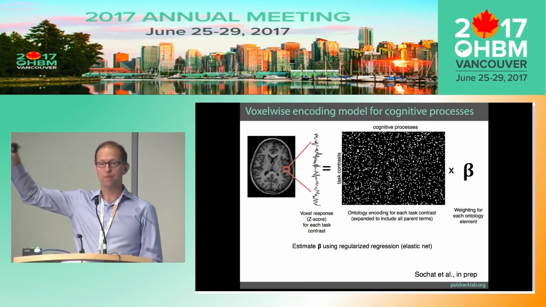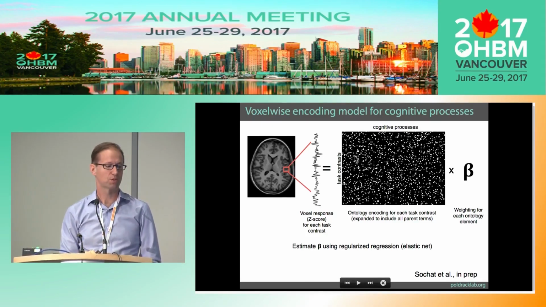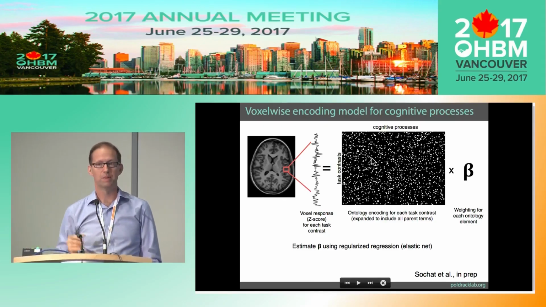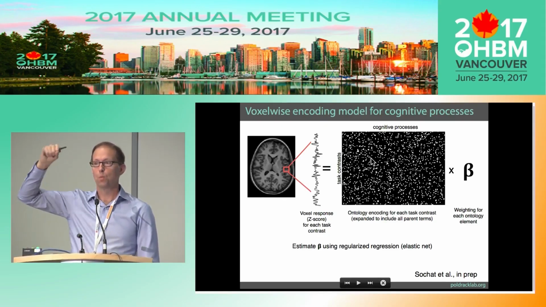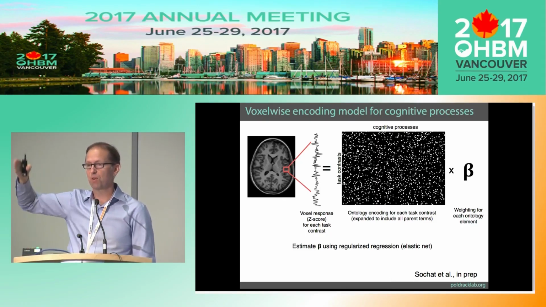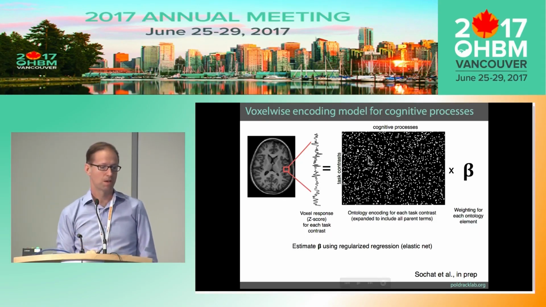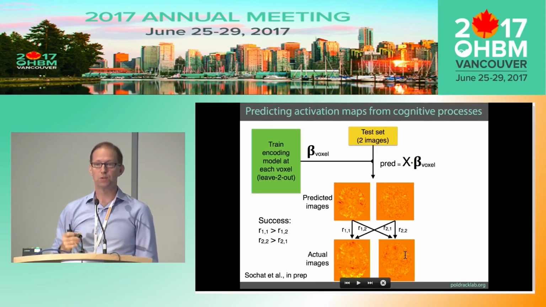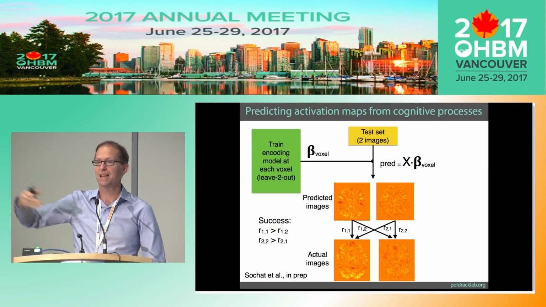And then we build a statistical model for every voxel. Every row is one of the 93 data sets. And then every column is our encoding of whether that particular data set involved each particular process in the Cognitive Atlas. We fit a model at each voxel, and then now we have a way to actually predict activation maps.